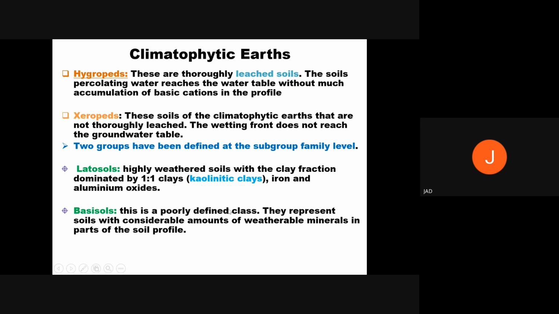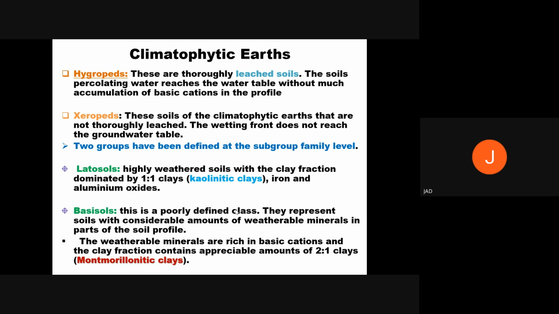They represent soil with considerable amounts of weatherable minerals in part of the soil profile. So under the xeroped, you have two subclasses, or what they call the subgroup family, latisols and then basisols. Basisols. So please take note.